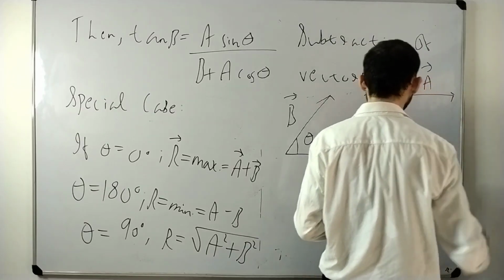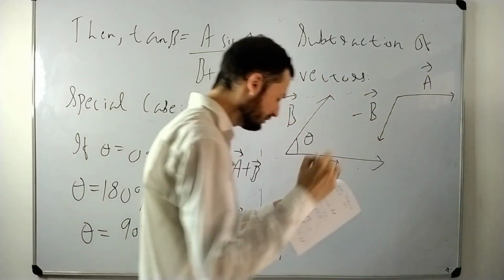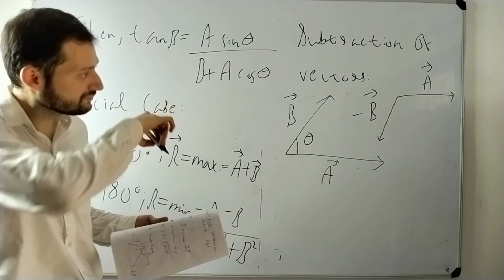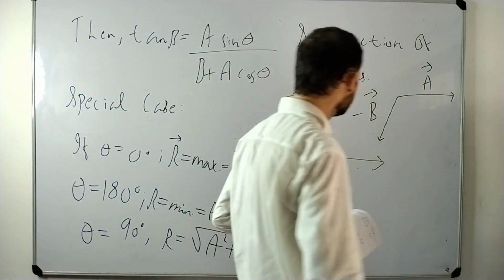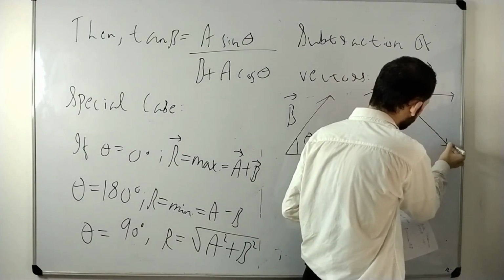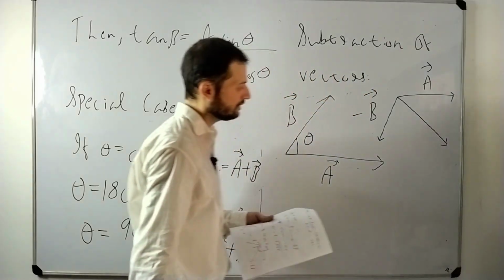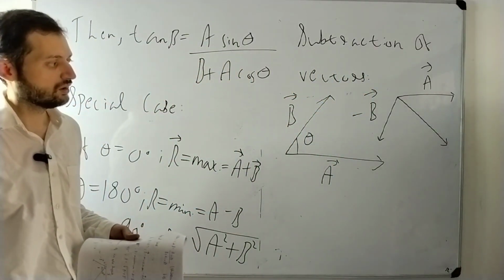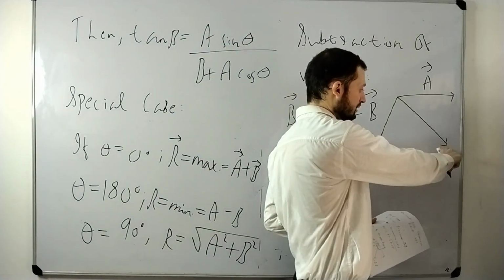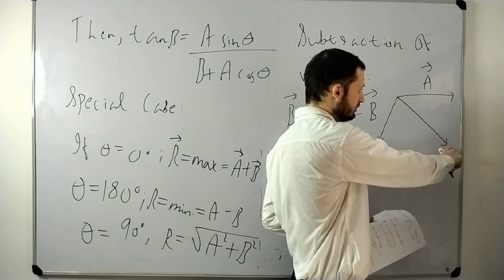Right, students? So where did the resultant go? You tell us. The resultant happens to be in this way. Why, sir, is it going in this direction?